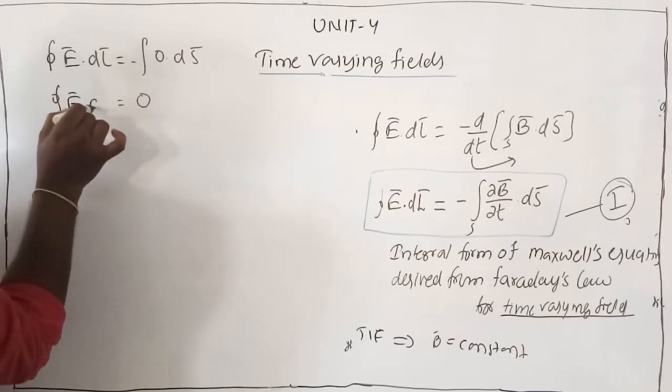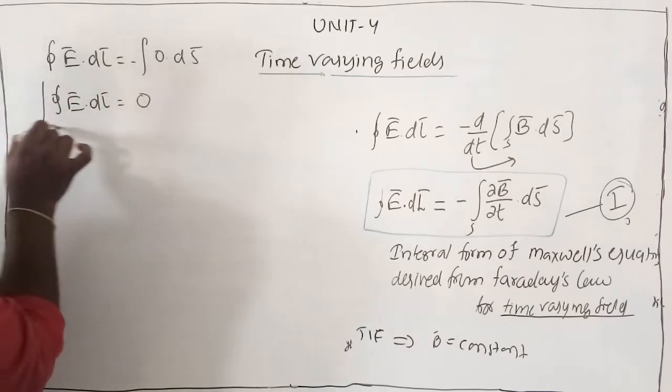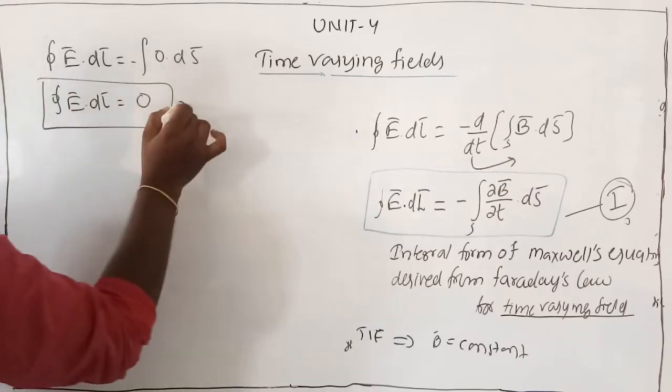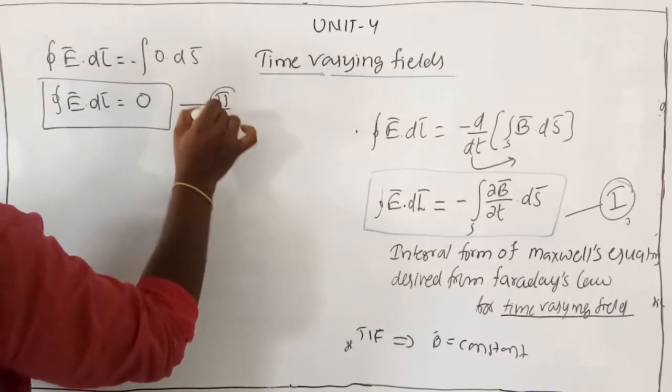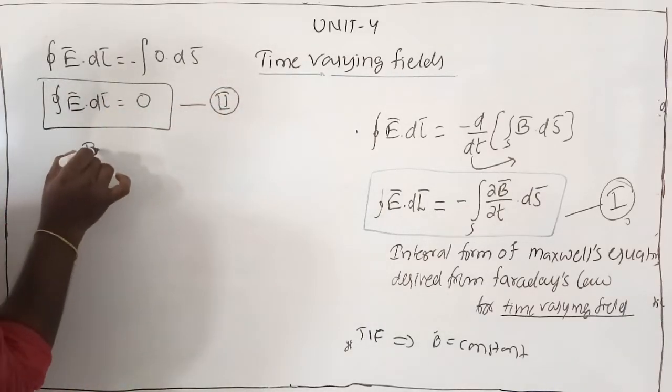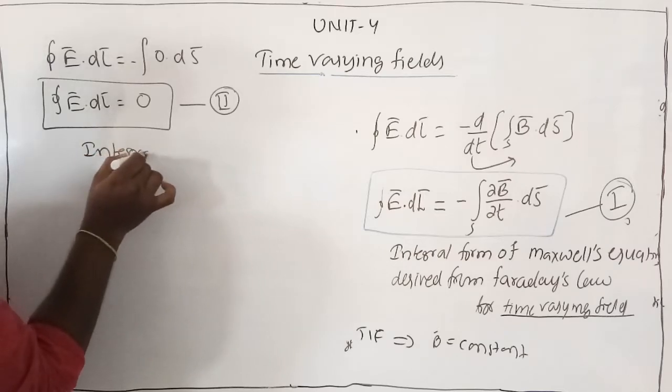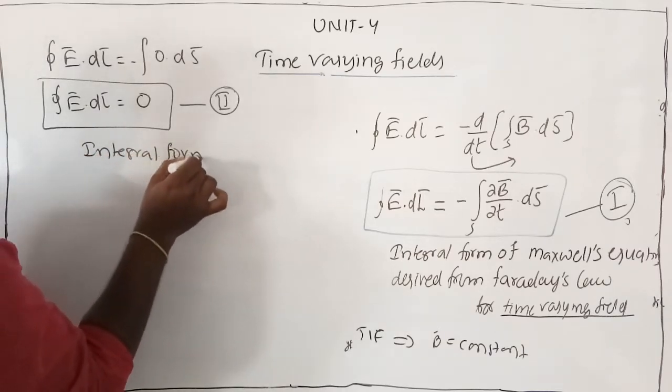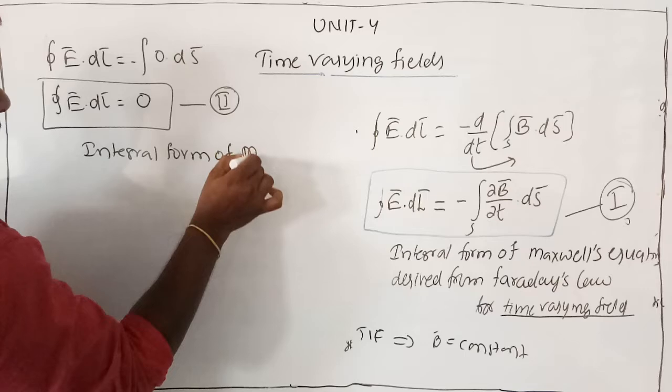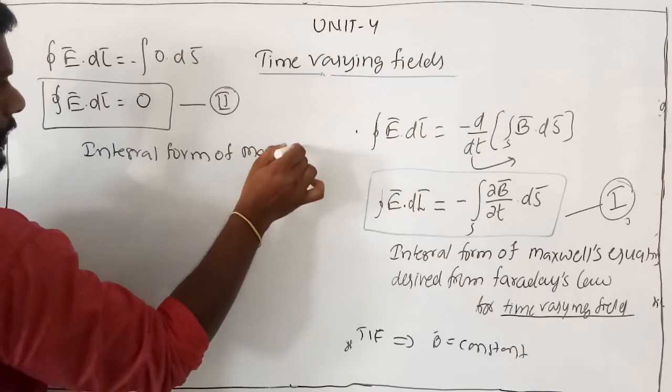So the circular integration of E bar dot dL bar equals 0. Let's consider this as equation 2, and it is also an integral form of Maxwell's equation.